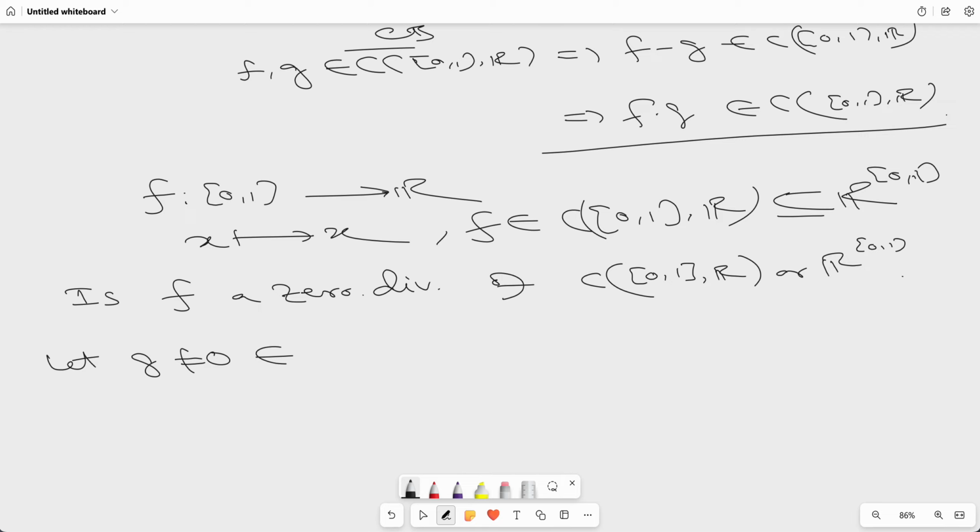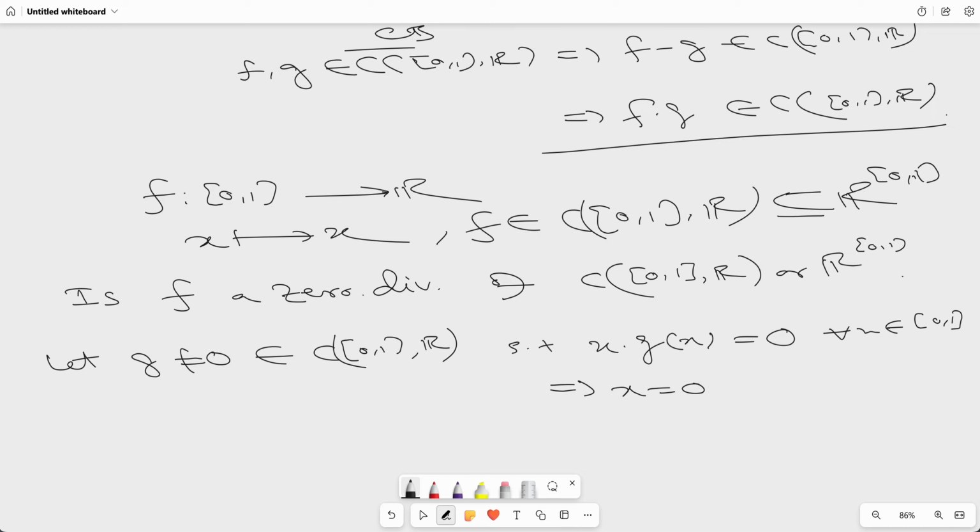Suppose g is in C([0,1], R) such that x times g(x) equals 0 for every x inside [0,1], right? So this implies that x has to be 0. There is no other choice, because g is a non-zero function.